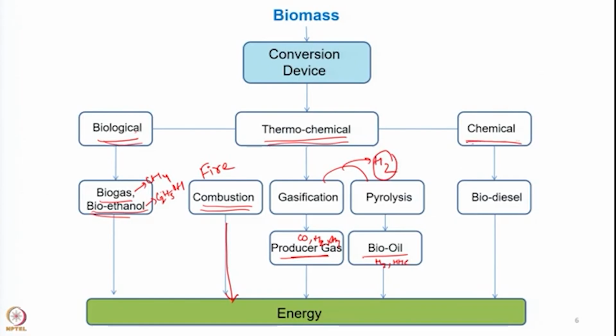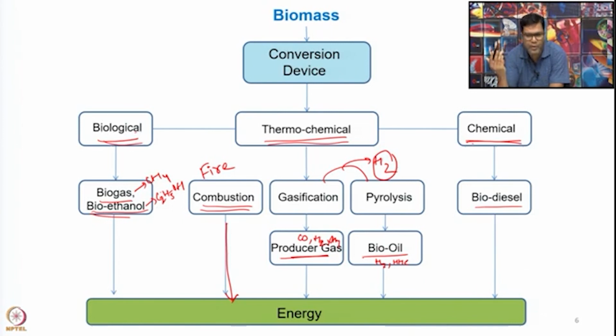Another vertical is the chemical process, and the prominent popular pathway that many of you must know is biodiesel. Biodiesel is harnessed from the high fatty acid content of waste oil or some seeds like jatropha seed, which can be grown in arid regions, and they are converted to biodiesel using a chemical pathway.